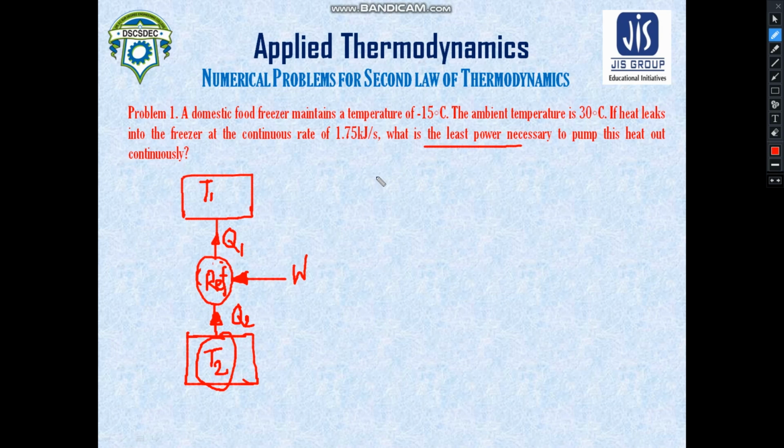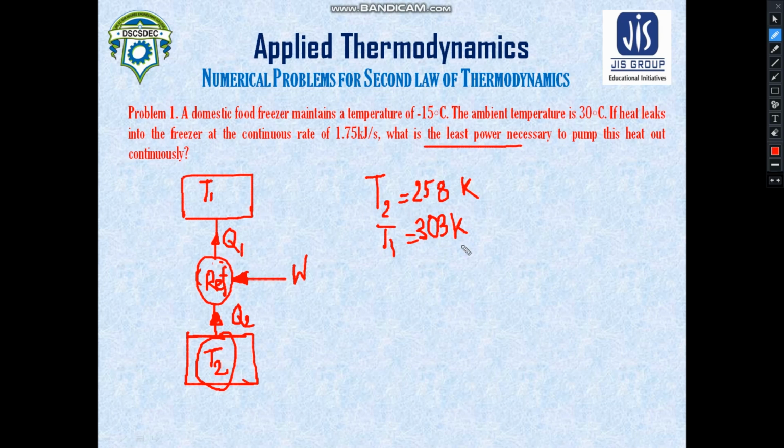So this T2 becomes 258 Kelvin, and the ambient temperature will be 303 Kelvin.